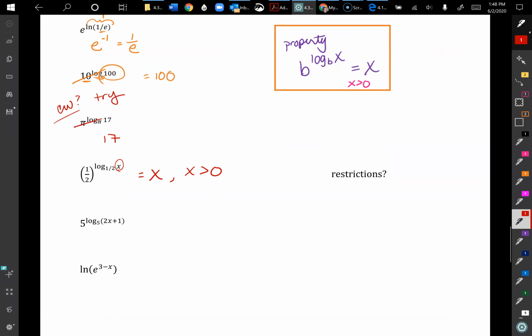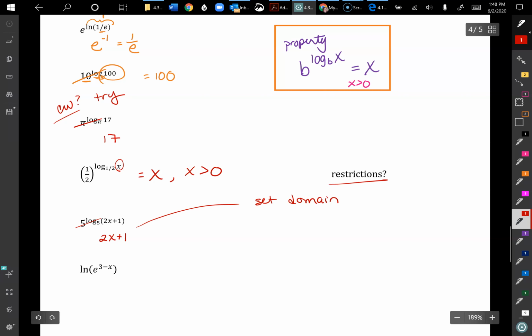If we have this one now, 5 raised up to the log base 5 of 2x plus 1, we'll just have 2x plus 1. However, again, we have to know what the domain is. We need to set the domain.